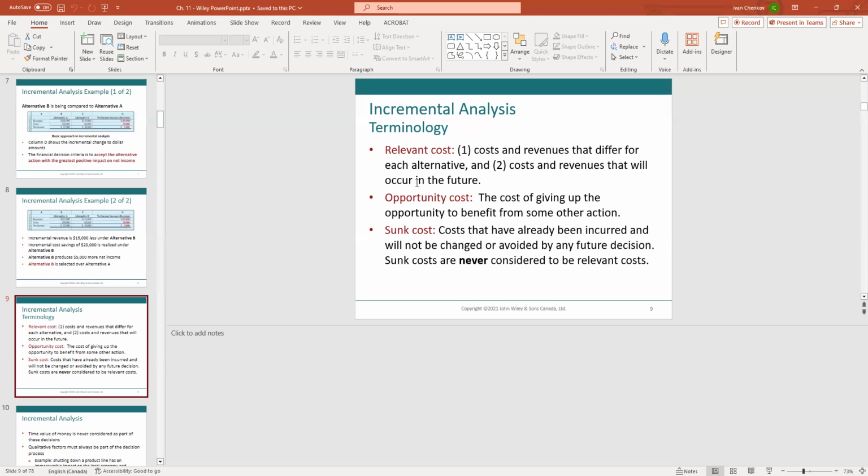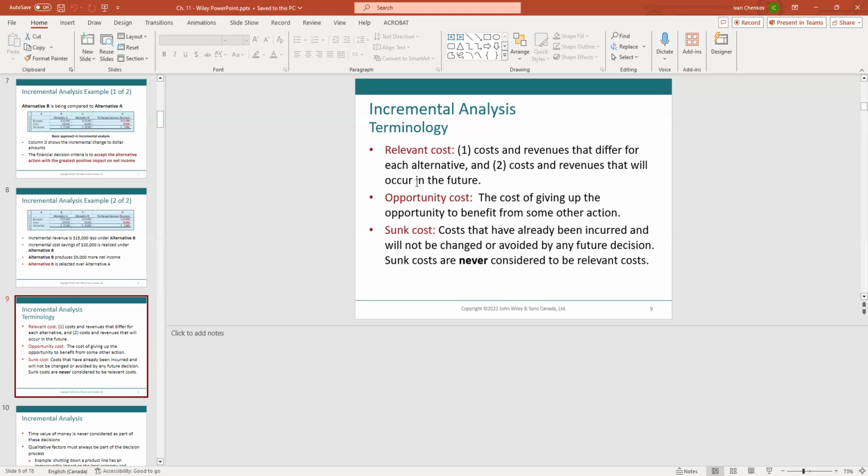I spent $300 on the luggage. Is the cost for my luggage, my suitcases, relevant for my decision? Well, it's not. Why? Because it's already happened. That cost already happened. What I'm going to do going forward, that's a different story.